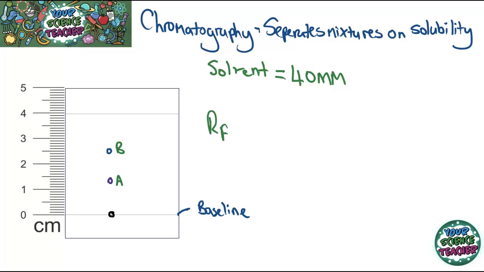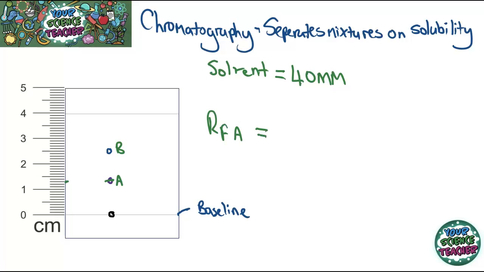So the RF value of spot A equals the distance moved by the spot divided by the distance moved by the solvent, and we take our measurements from the center of our spot. If I go across here, it's reading just there, 1, 2, 3, that's 13 millimeters.